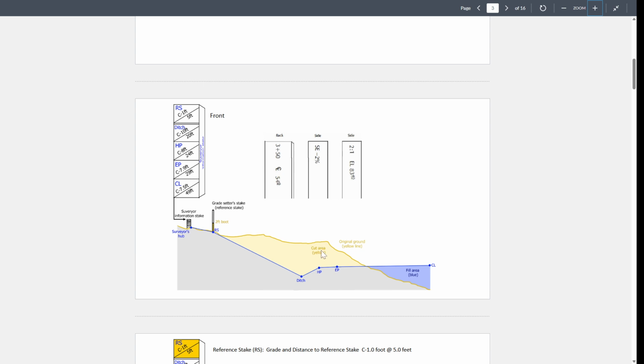The edge of pavement's 29 feet out. Hinge point is 24 feet out, so that means this is 5 feet here, and this is a 10th higher, so your vertical's a 10th.